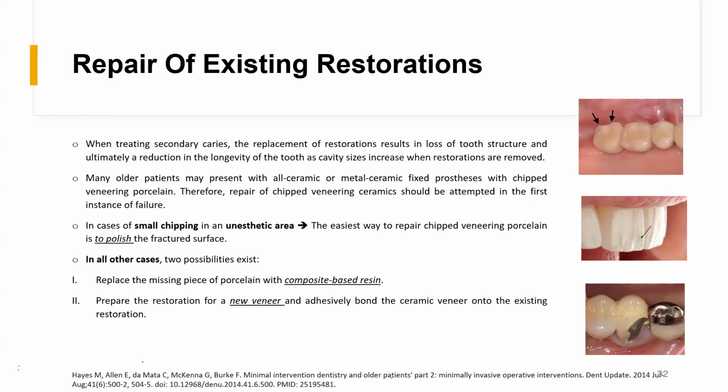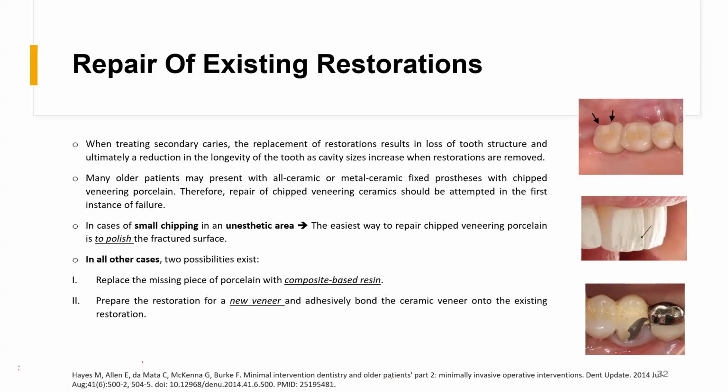When a small chipping occurs in a non-aesthetic area, as we see here in the upper photo, the easiest way to repair this chipped veneering porcelain is to polish the fractured surface. So we can polish here and here, and things will be fine.